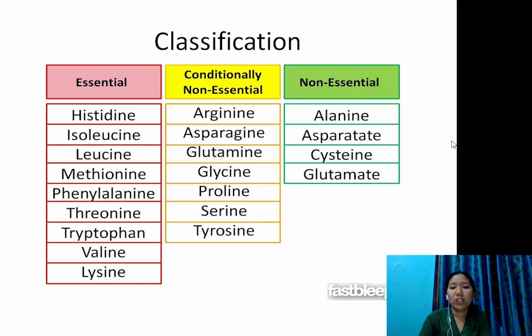Now these are also essential amino acids, but they are required during a particular time in the life of an individual, maybe during pregnancy, or during lactation and so on. So these are essential, but only during a particular period in life.